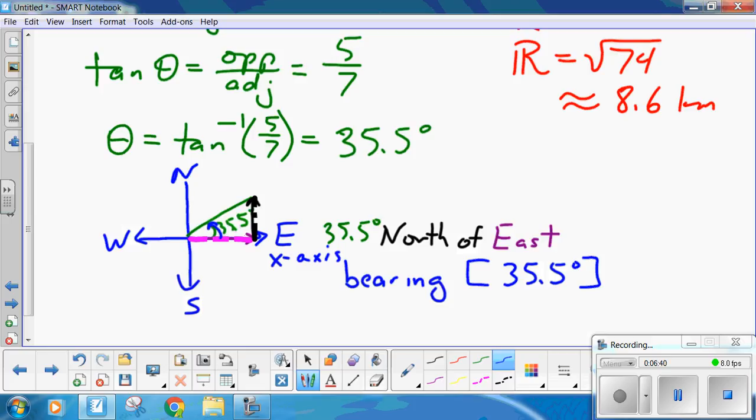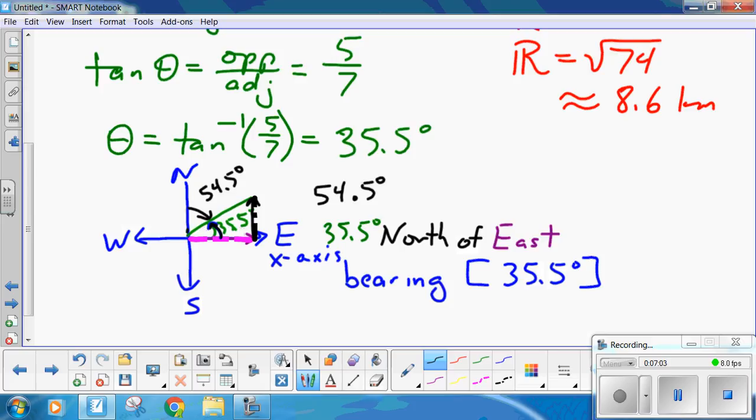Now, one last thing to point out here. This is 35.5. What's this angle here? Well, it's 90 degrees minus 35.5, which should be 54.5 degrees. Double check on your calculator. Okay. So we can write 54.5 degrees.